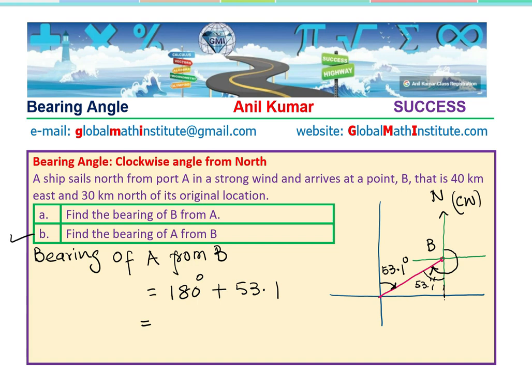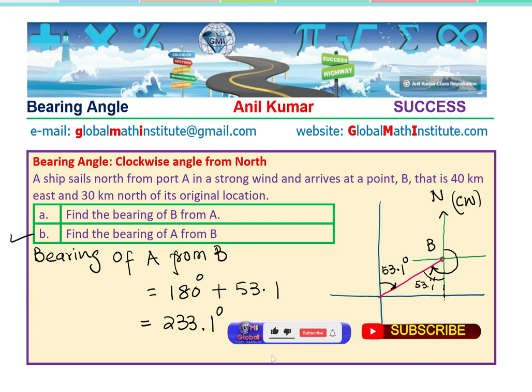So 53.1 should be added to 180 degrees to find the angle from B to A. So that is 233.1 degrees. Does that make sense? So remember one thing: if the bearing angle is beta from A to B, then beta plus 180 will be the bearing angle from B to A. Makes sense, right? So that's how we have to do it.